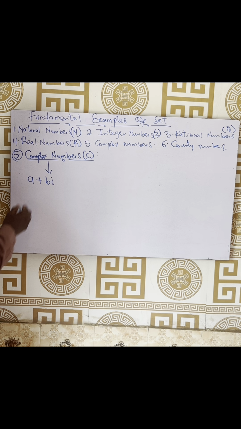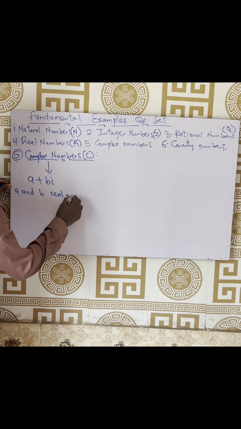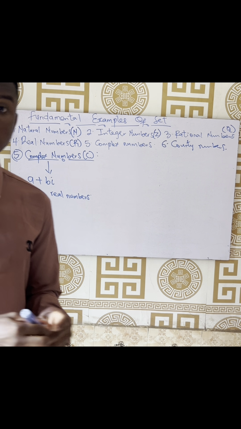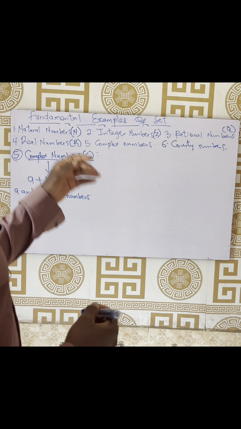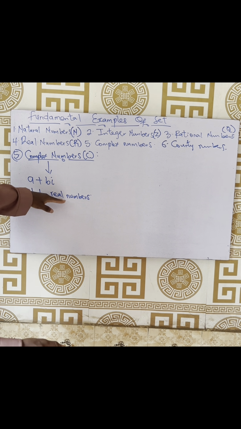You see a and b, they are real numbers. By now, you already know what real numbers mean. Real numbers are numbers that can be rational or irrational. So a and b are real numbers.